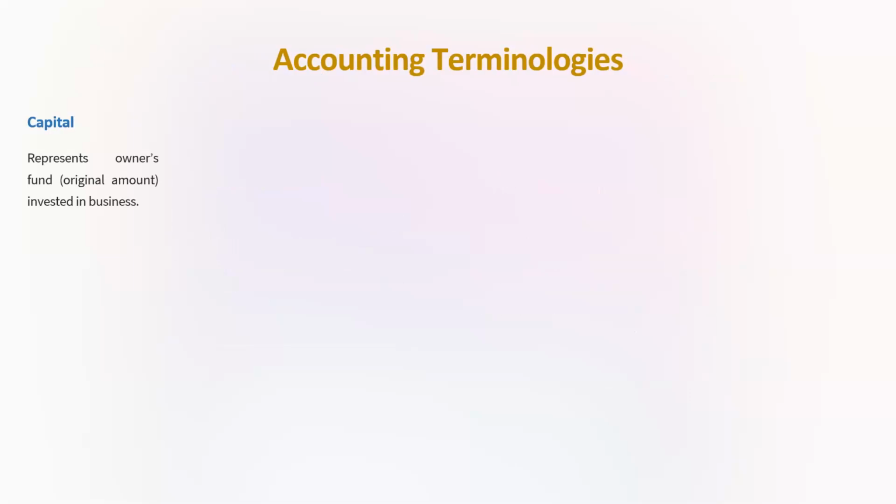Here you have to be very clear that the owner's personal bank account is completely different from the business account, that is the organization's account. So they cannot be interconnected with each other. The business has to be seen as a separate entity.